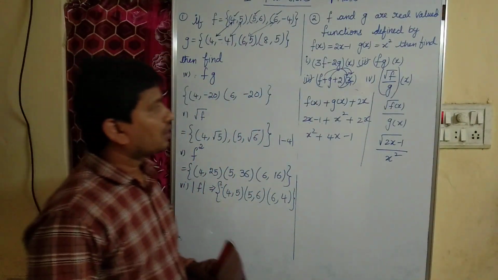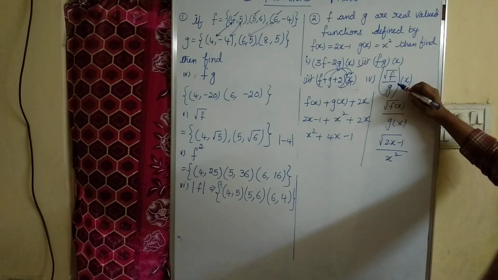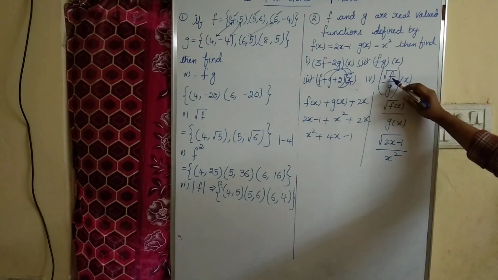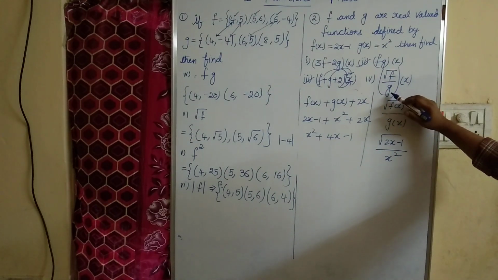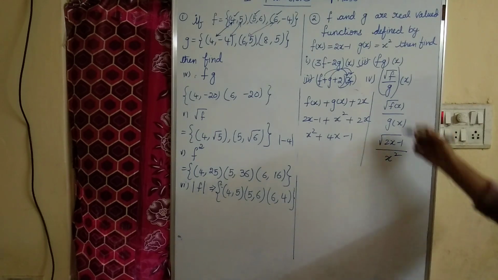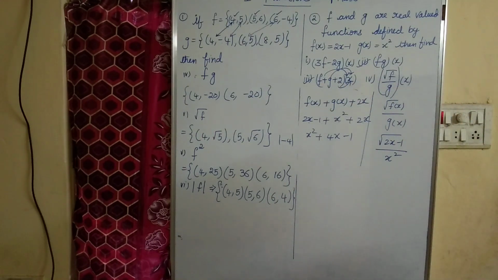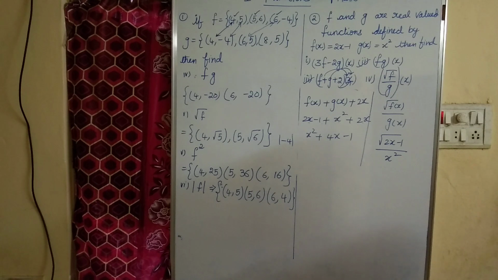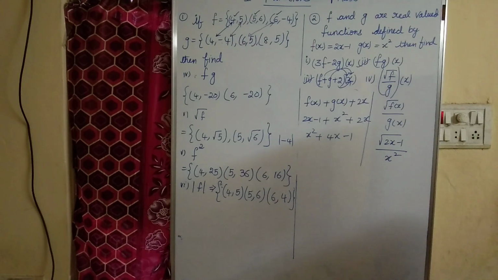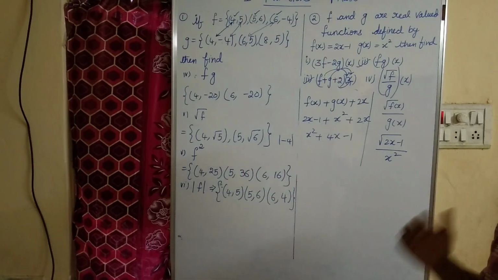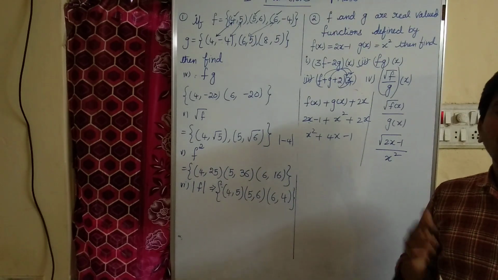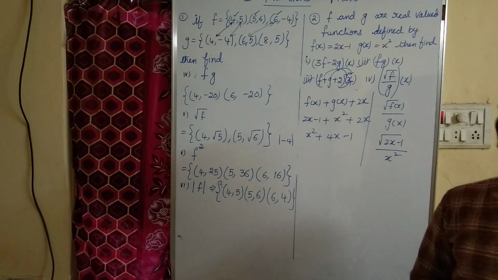So children, here root f of x, as it is given, is 2x minus 1 and g of x is given as x square. Okay, they may ask questions in this way. So this is method number 1, problems they may ask in public examinations, right?